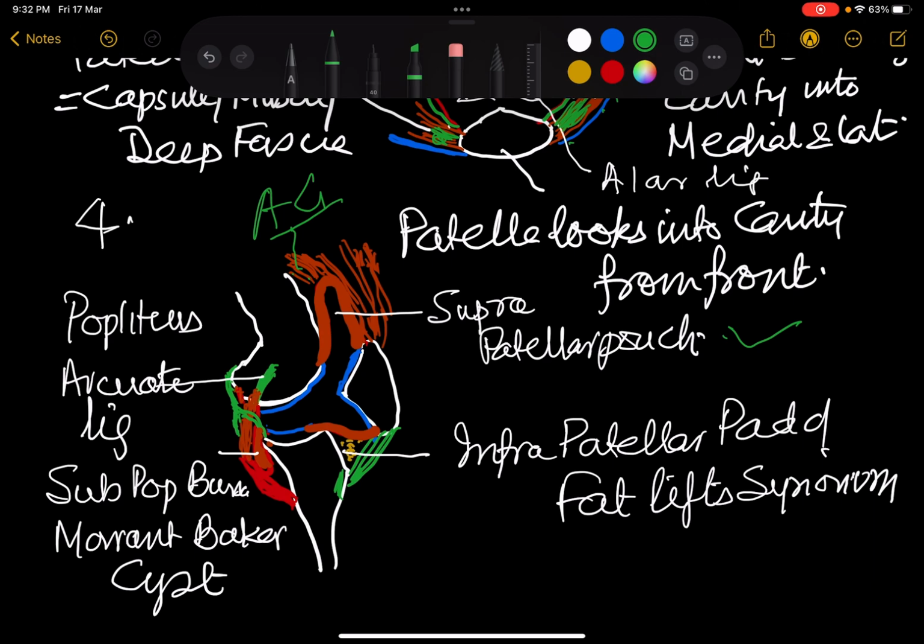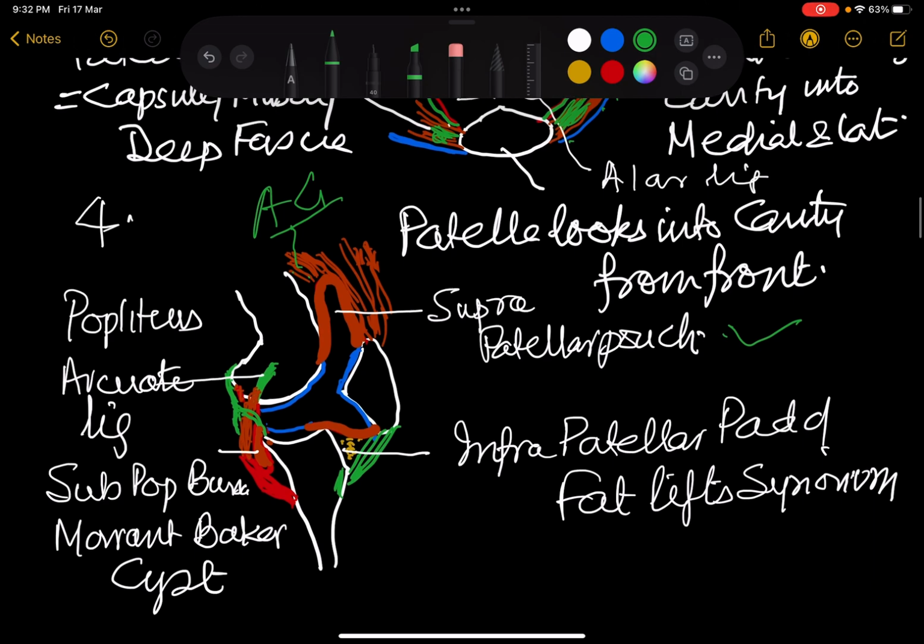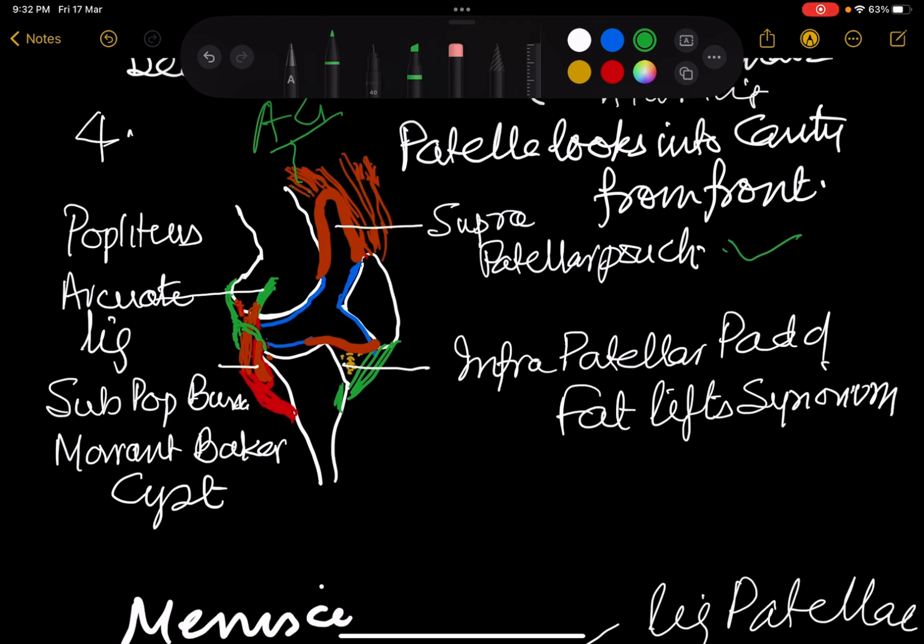So here the suprapatellar pouch is important in hemarthrosis and synovial effusion, and you can aspirate the joint from the suprapatellar pouch. When there is a hemarthrosis, the two ends of the suprapatellar pouch will get adherent, and this will prevent flexion of the knee.